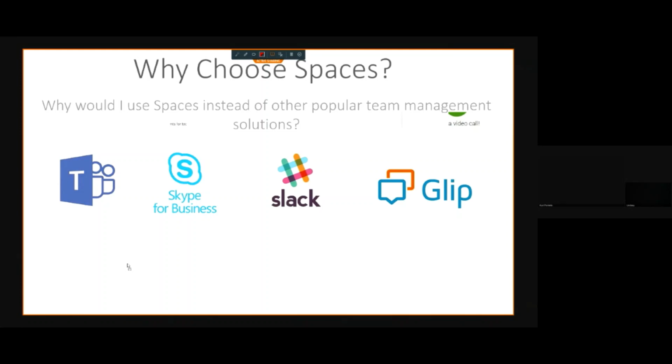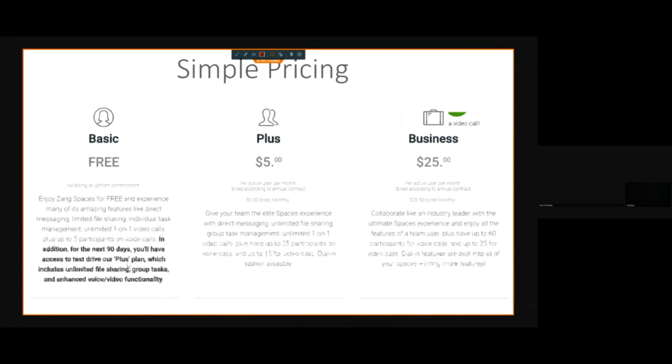Okay, our pricing for this is very, very simple, right? We try to keep it straight, direct, to the point. So the one that I showed you today is the basic version, right? Everything that I showed you is available and is free, right? There's no billing, there's no upfront commitment. And I guess let's talk a little bit about what you get with the free version. So the free version gives you unlimited one-on-one video calling.